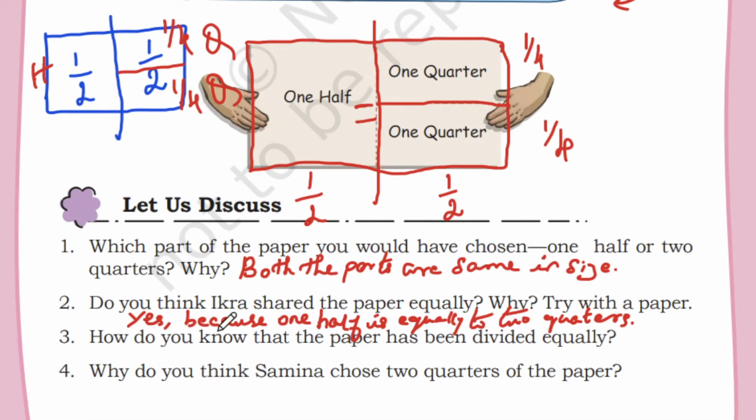Next, how do you think the paper has been divided equally? The paper is divided equally between one half and 2 quarters. So you can write: it is divided equally by cutting one half into 2 quarters.